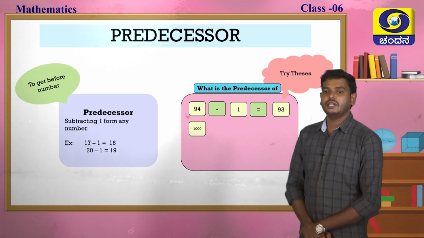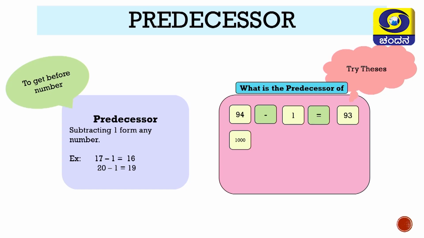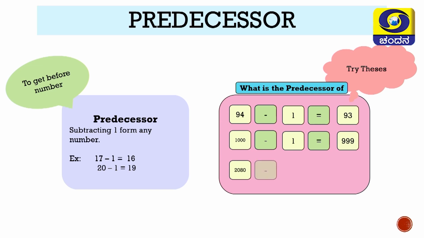Next, what is the predecessor of 1000? Yes, you have to subtract 1, then that will be equal to 999. So, the predecessor of 1000 is nothing but 999. Next, the predecessor of 2080. So, we will subtract 1 again.